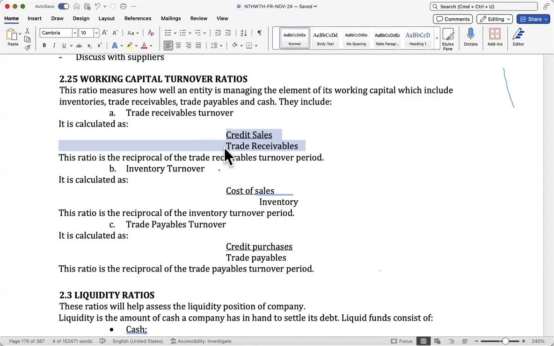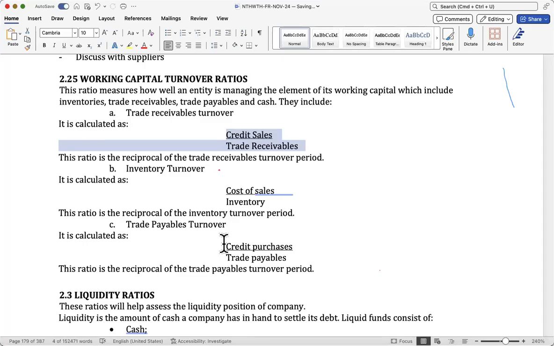But the reason ICAN will not even ask you is that it's not indicative of a lot of things, because it's a bit difficult to interpret. Trade receivable turnover or trade payables turnover doesn't really indicate anything.